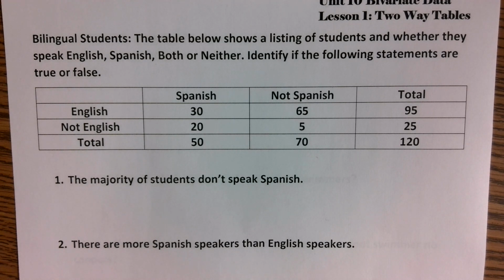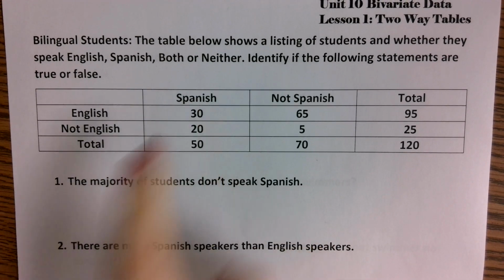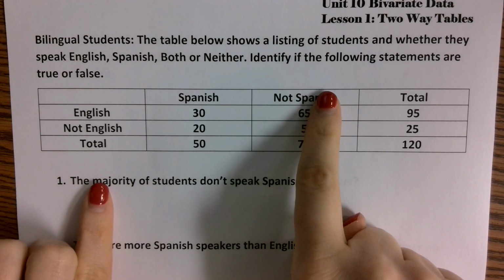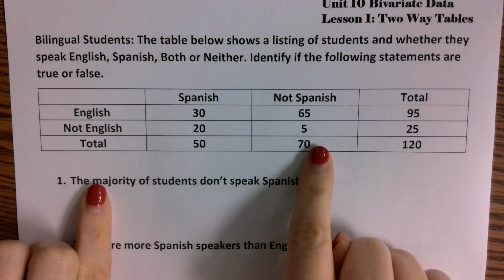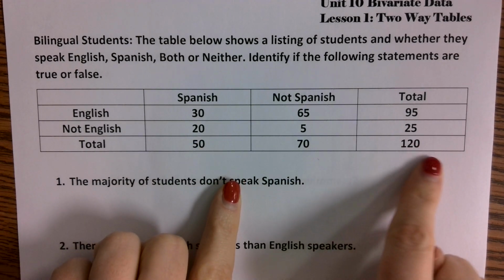We have 50 people here who do speak Spanish, the total amount of Spanish speakers. How many people do not speak Spanish? 70. So we are looking at those who do not speak Spanish as 70 versus those who do speak Spanish as 50 out of the 120.